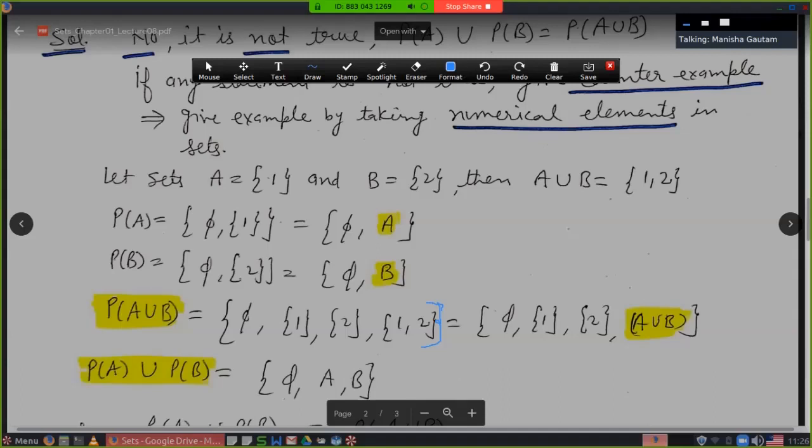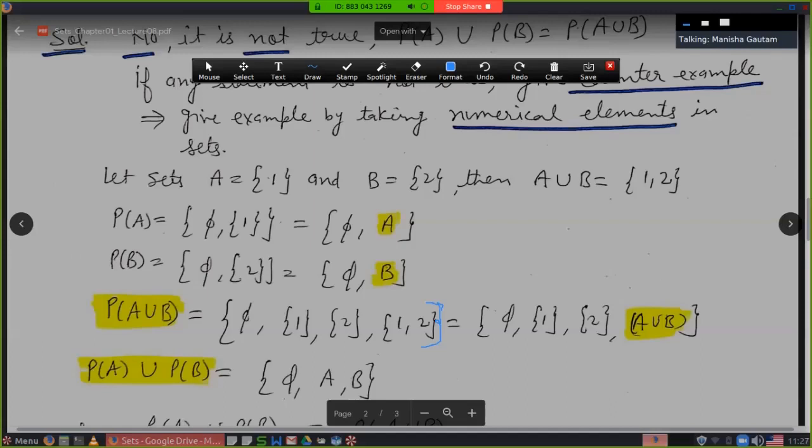Okay. Now I have written phi as the first set, then the second element as a set, and then the set having elements 1 and 2. This is what? This is set A union B. It can be written as A union B. Now I have closed the bracket. It means these are the elements of the power set of A union B.